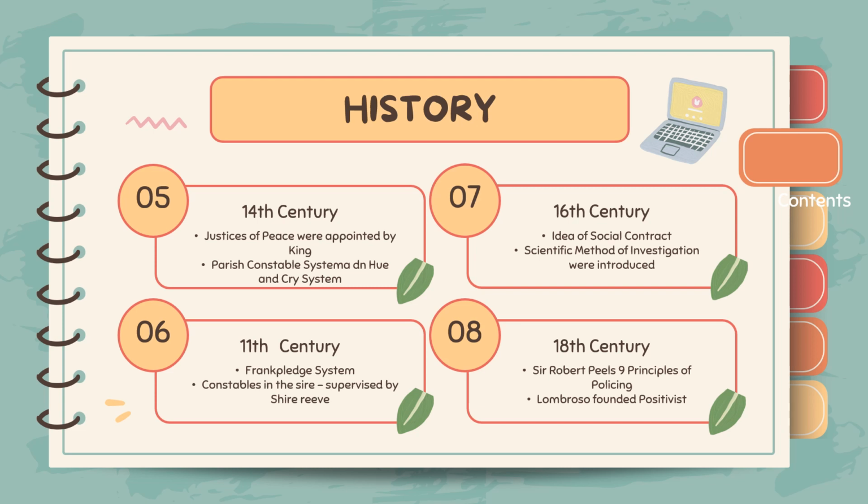And on the 18th century, here there is a typo, because supposedly this one, Robert Peel's 9 Principles of Policing and Cesare Lombroso's Positivist theory, was actually introduced in the 19th century.